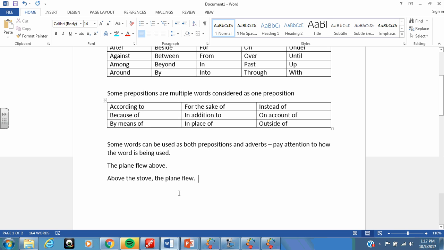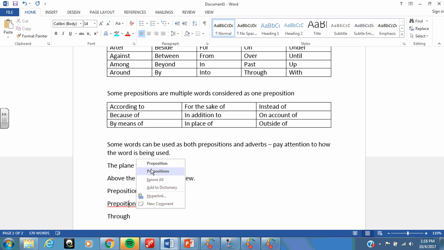All right, and finally, when we talk about prepositions, we need to talk about prepositional phrases. So a prepositional phrase consists of a preposition, so that's what it begins with. It has to end with an object.